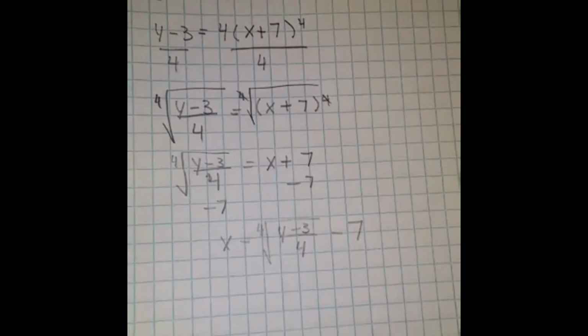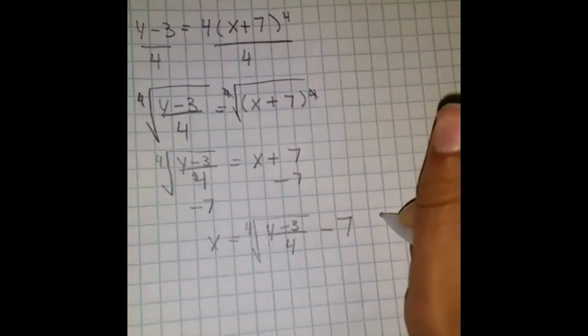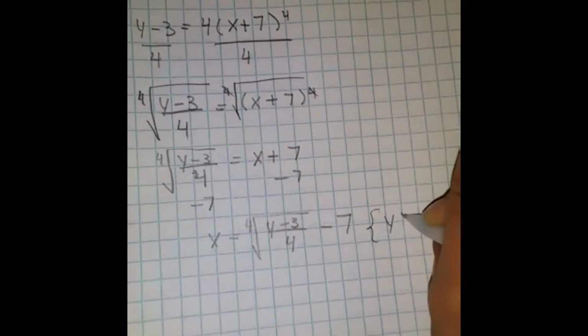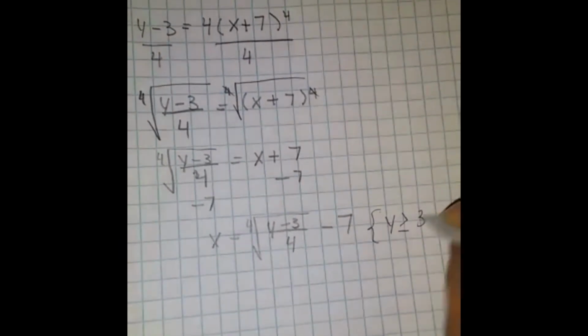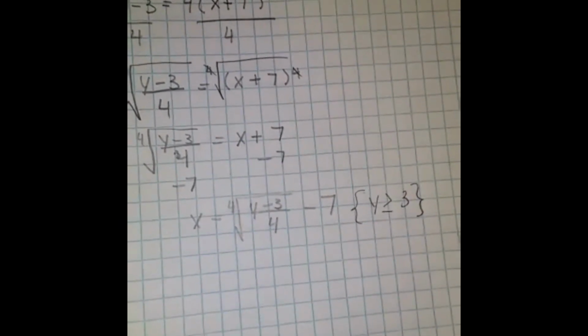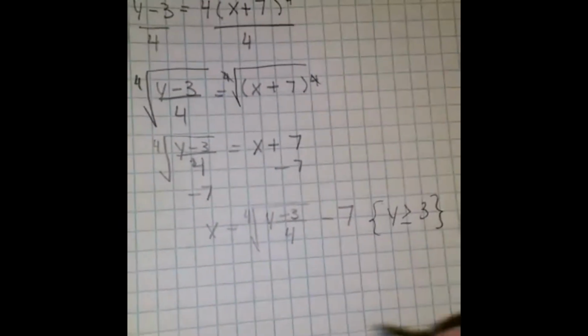Now, this function has the range of y is greater than or equal to 3. In order to find the inverse of this function, you would just switch the x and y values.